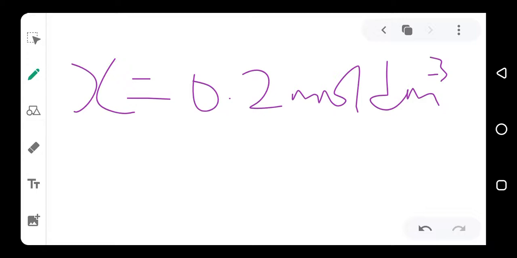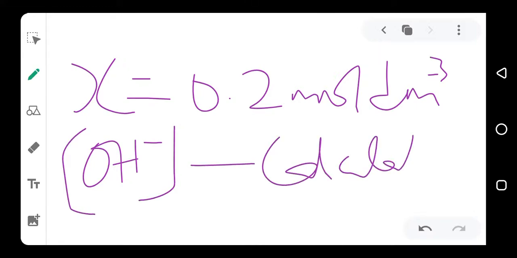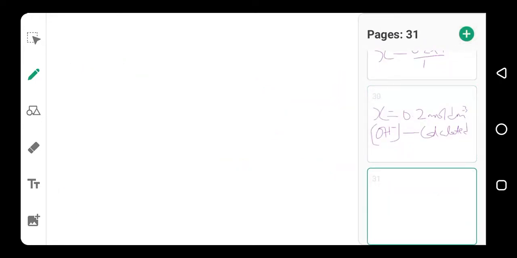Now we use this as the calculated hydroxy ion concentration, and this calculated hydroxy ion concentration is the one we are going to use to solve for the pH.